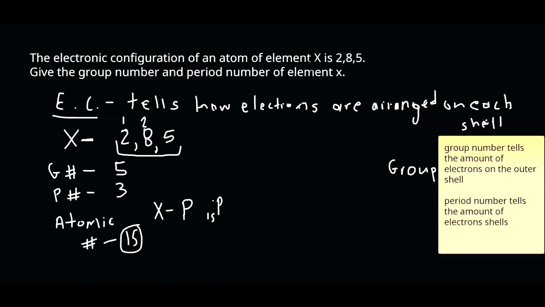Not 30. How much? 31? Yes, so it's 31. So we basically answered the question and gave them more than what they asked for. Questions like these are important to practice, so you can master the craft of chemistry.